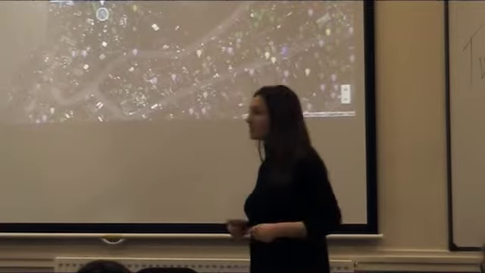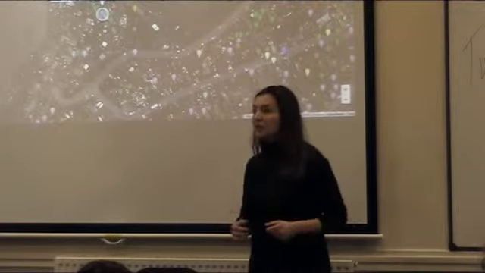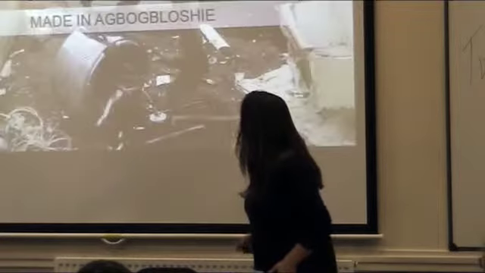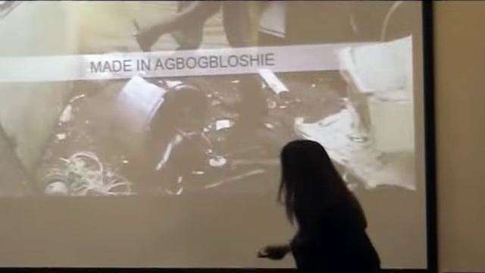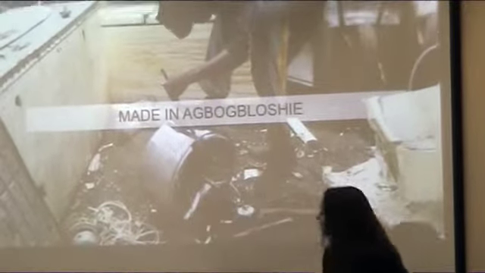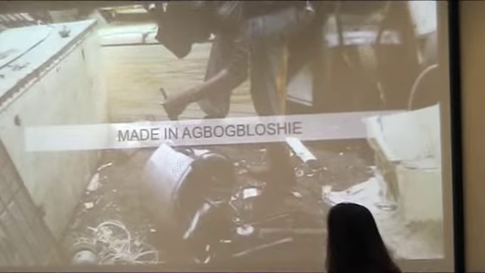The thing that we don't understand enough is that in Agbogbloshie, they're already making stuff. And this is what I want to show. This is someone disassembling a washing machine. But you also have people making tools to disassemble washing machines.